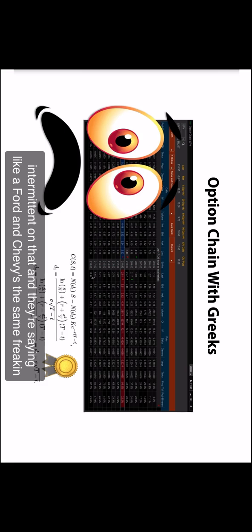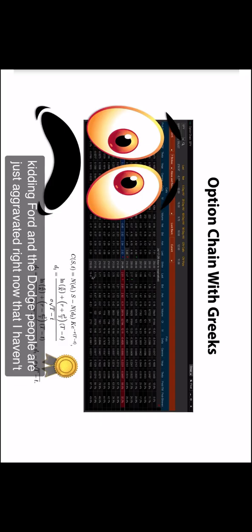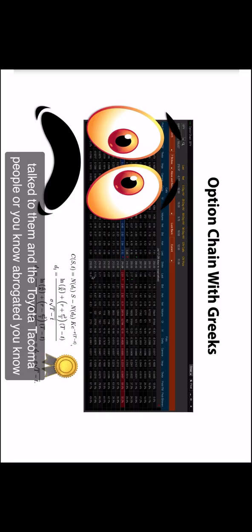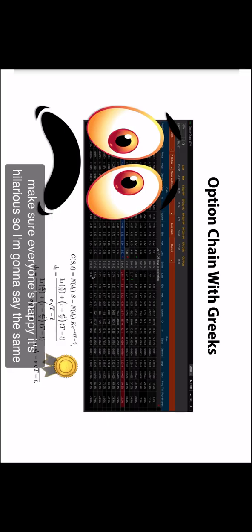They're saying a Ford and a Chevy are the same thing. They don't even see a difference. And yet we might say, oh my gosh, are you kidding? The Ford and the Dodge people are aggravated that I haven't talked to them, and the Toyota Tacoma people are upset, and now we have to have political correctness when we talk about trucks to make sure everyone's happy. It's hilarious. I'm going to say the same thing about software right now.